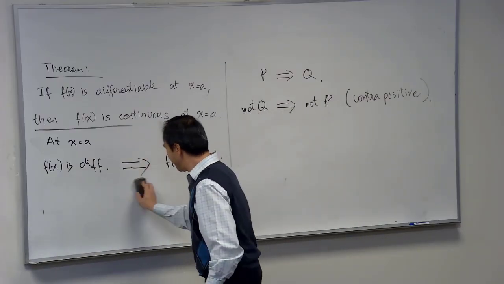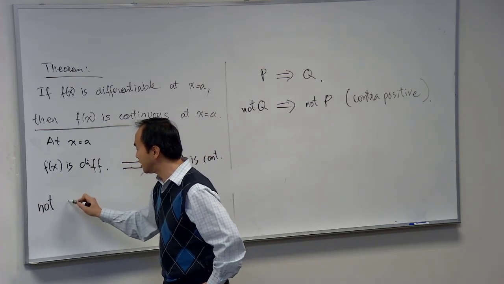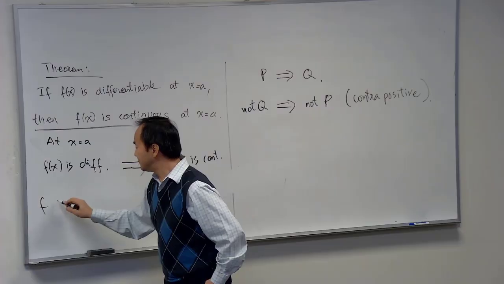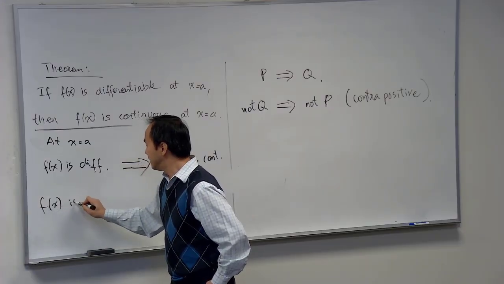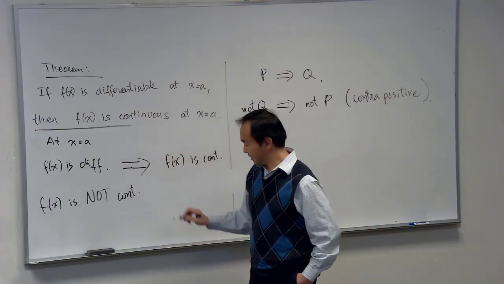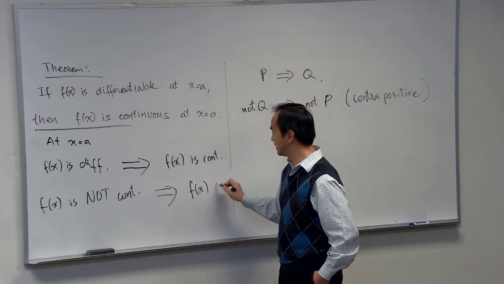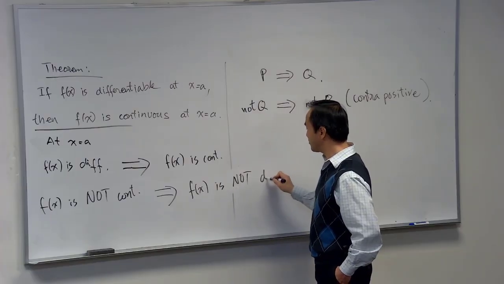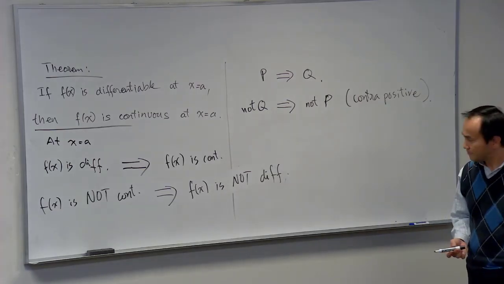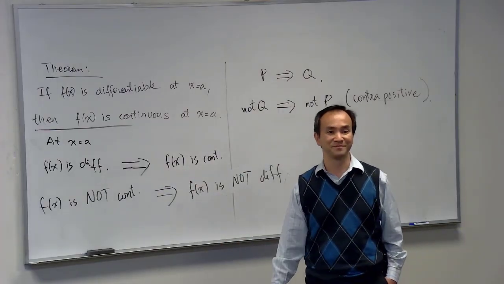But now you can say it like this: if you know that the function f is not continuous, isn't it true that we can conclude that the function f of x is not differentiable? See that there? This is exactly the contrapositive statement of that beginning conditional statement.